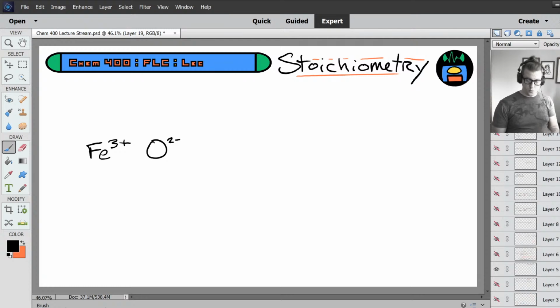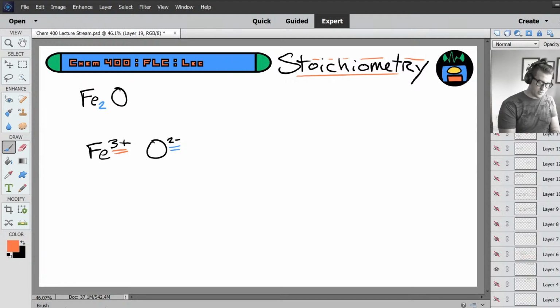And so we know that whenever we're dealing with a cation and an anion whose charges don't go into each other evenly, we swap them, right? So we give the cation the subscript of the anionic charge, and we give the anion a subscript equal to the cationic charge.